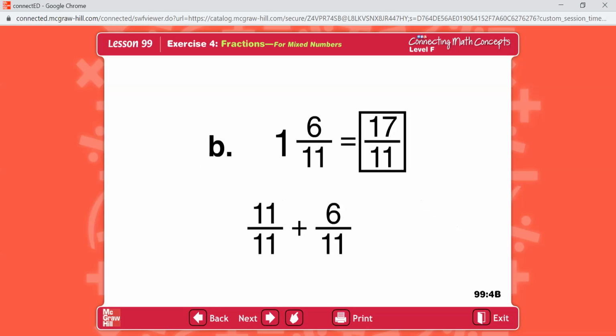Resume when you're ready to check your work. Problem D, 4 2/9. Pause the video now to work the problem. Resume when you're ready to check. Here's the answer for problem D.